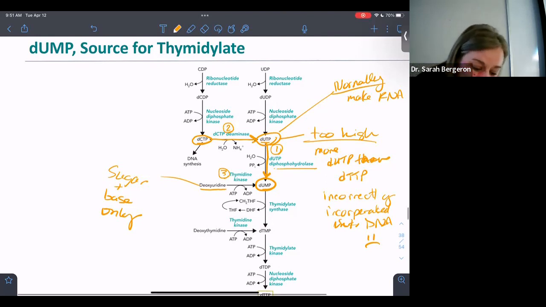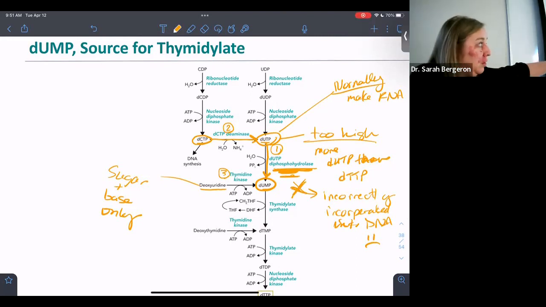So this conversion right here, this step number 1, is super, super important. This enzyme prevents this from happening. So you don't have that misincorporation because you can convert dUTP to dUMP. Now that it's in the monophosphate form, can it be incorporated into DNA, into anything? No. Right?